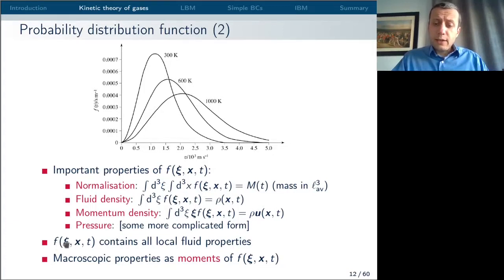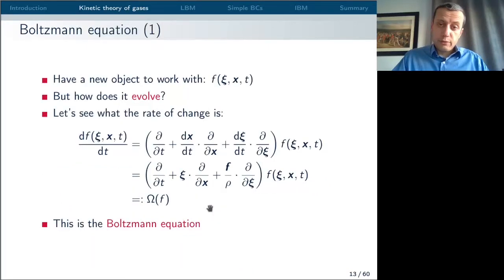The key takeaway message here is that f contains all local fluid properties that we are interested in. And if you go to the Navier-Stokes level, you only want to get the moments of f. The 0th moment would be fluid density, and the first moment would be the momentum of your fluid.